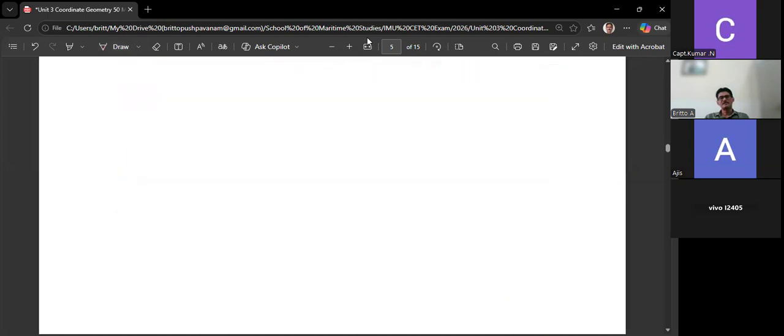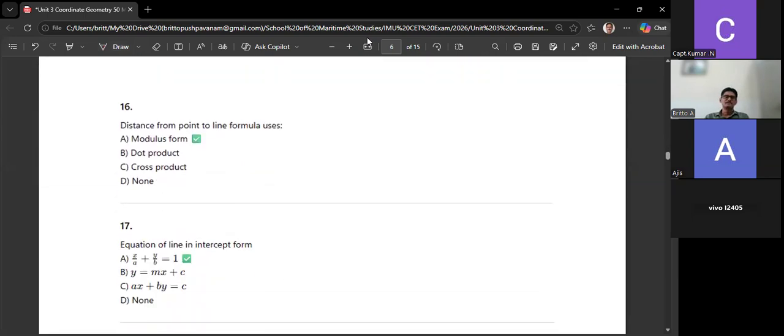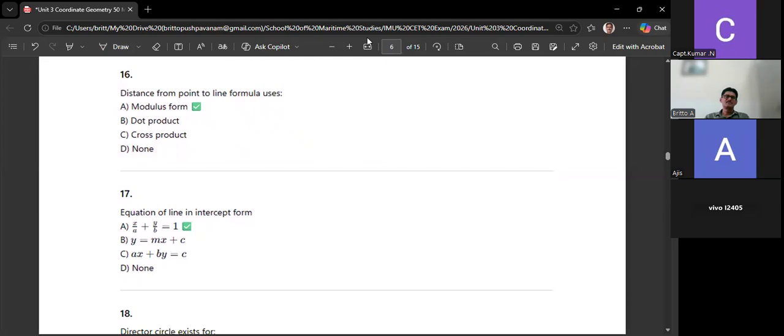Next one, question number 16. What is the distance from a point to a line? The formula uses the modulus form. See, here is a line.